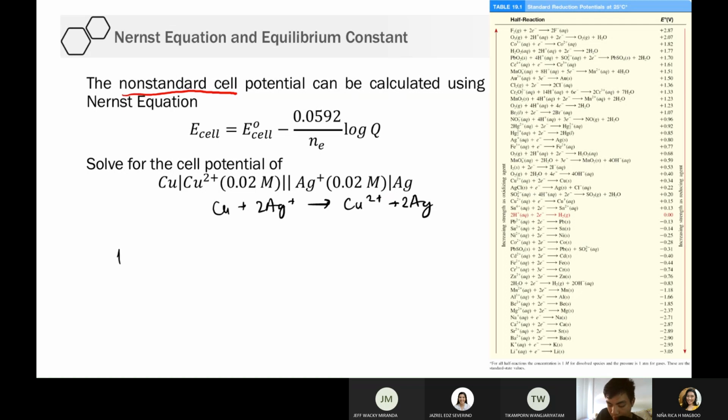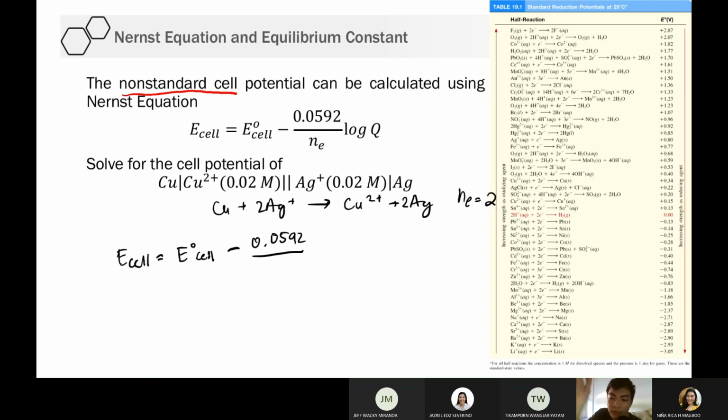E cell equals E naught cell minus 0.0592 over moles of electrons. What is the mole of electrons that we had earlier? That's 2, right? We knew that we have 2 electrons transferred in this reaction.